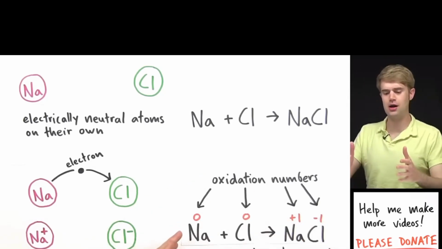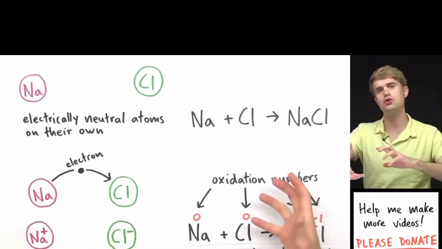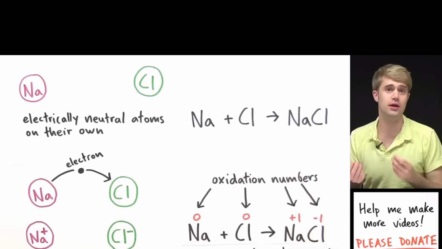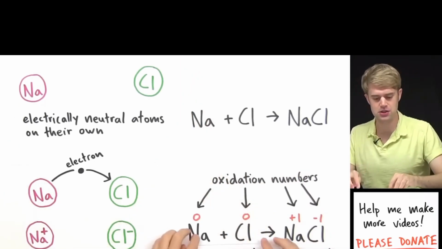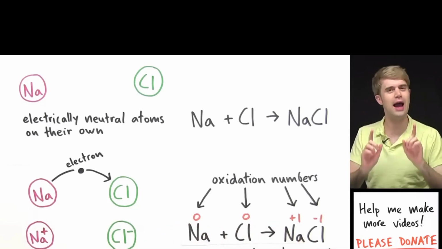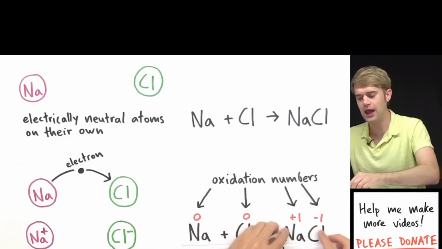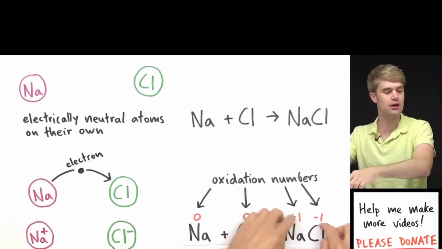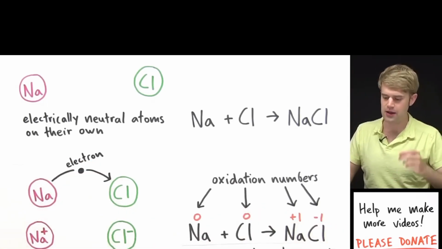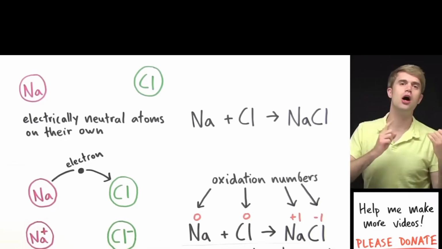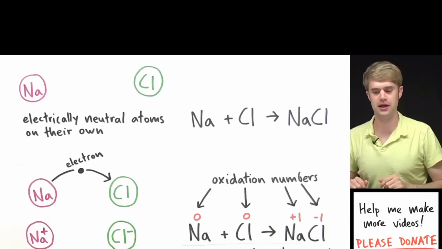These oxidation numbers help us keep track of how charges change during a reaction. Most importantly for this reaction, they remind us that sodium and chlorine start out neutral and only end up getting a charge later after this electron transfer takes place. So, that is oxidation numbers, and we'll talk more about those in coming lessons.